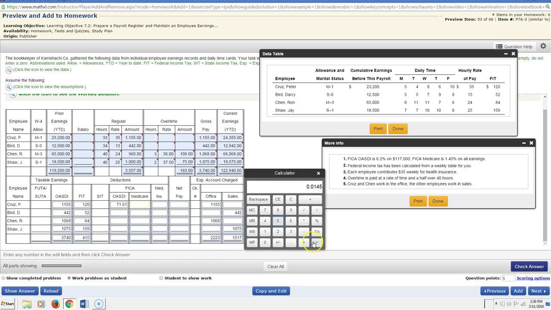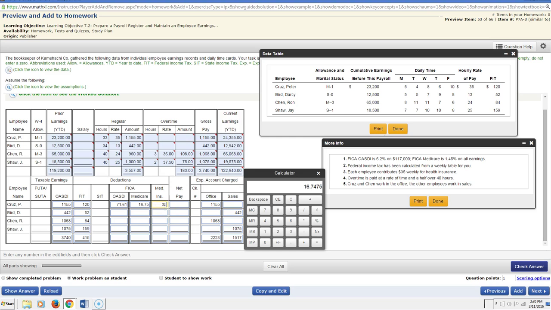Okay? And then you hit your equal sign. So we'll round it to 16.75. So here we are knocking in the Medicare tax for 16.75. So that's done.